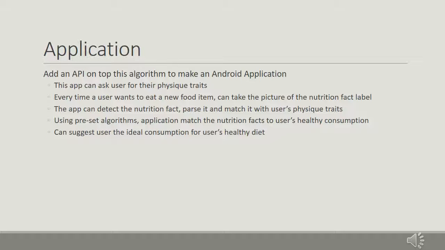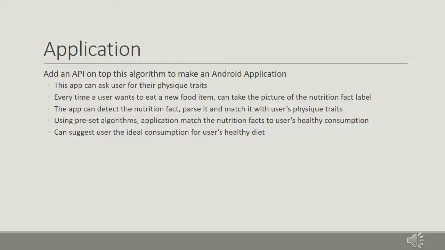So yes, the applications. There are some really good applications of this algorithm, but the one that comes to my mind is using this algorithm to detect the nutrition facts and help people stay healthy. We can develop an Android application on top of this algorithm. Whenever a person goes to buy groceries and sees a new item that he wants to eat, he can take a picture of the nutrition facts and give it to this application. The application will apply this algorithm, segment out all the nutrition facts, and pass them to a text detection technique like OCR.